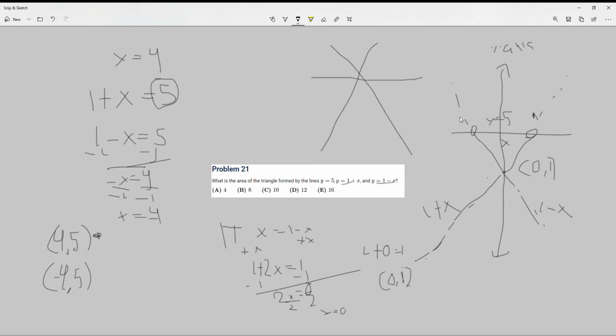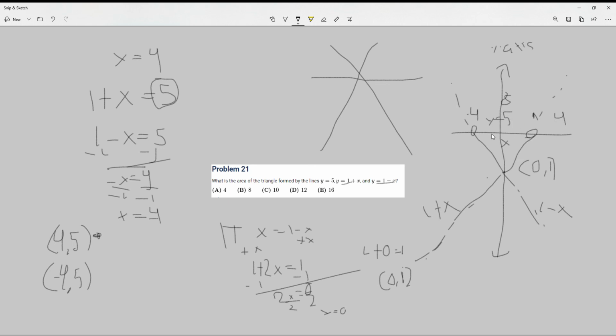We have (4, 5) as this one, and (negative 4, 5) as that one. The distance from here to here is 8, because 4 minus negative 4 is 4 plus 4, which is 8.